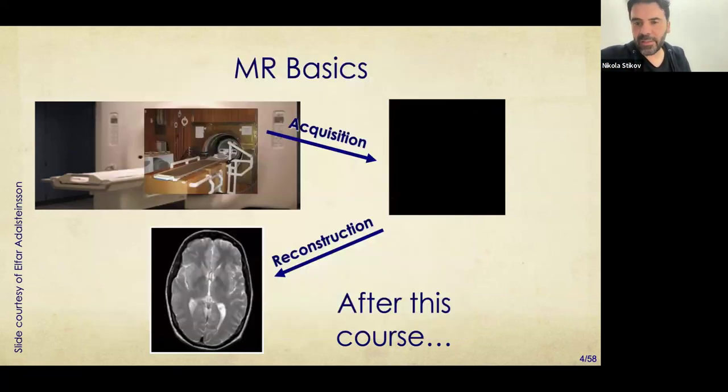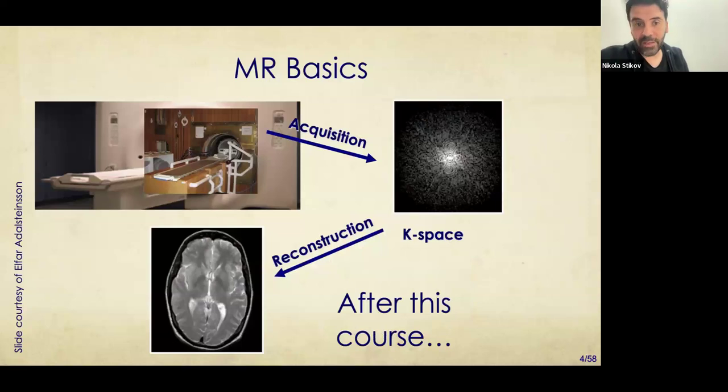And then there is the whole acquisition part, where basically the MRI scanner is just a giant Fourier transform taking machine. And I teach about the Fourier transform. I love the Fourier transform. And I feel that if you understand the Fourier transform in the context of MRI, then you really understand the technology. And finally, there's all these different kinds of reconstruction tools.